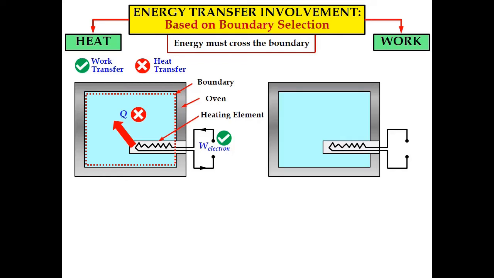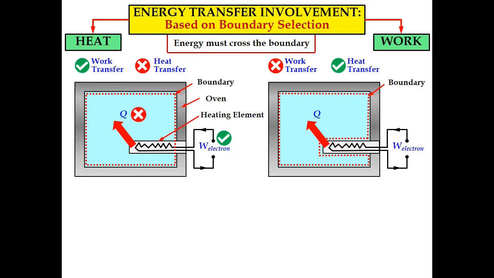Okay, let's take an example with the same system, but we choose a different shape of boundary. We have W electron in the heating element, and the heating element will produce heat, Q. Now we choose a different shape of boundary, where the boundary will not include the heating element. Now, based on the keyword that energy must cross the boundary, we only have the heat transfer process for the system without any work transfer.